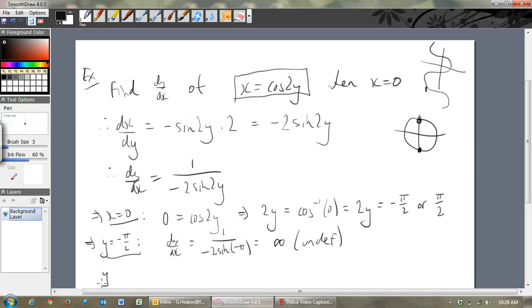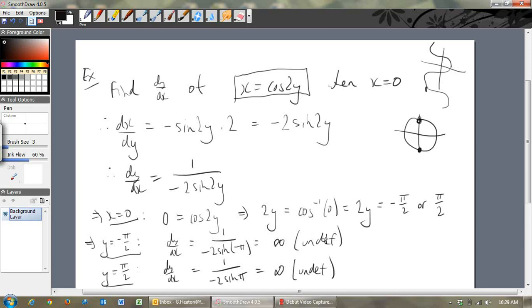Okay, and when y is equal to pi on 2, that was our other one, yep, pi on 2. The derivative is equal to 1 over negative 2 sine of pi. Again, sine of pi is also equal to 0, so that's undefined.